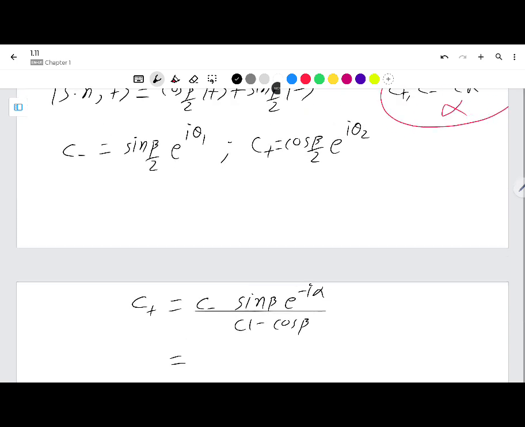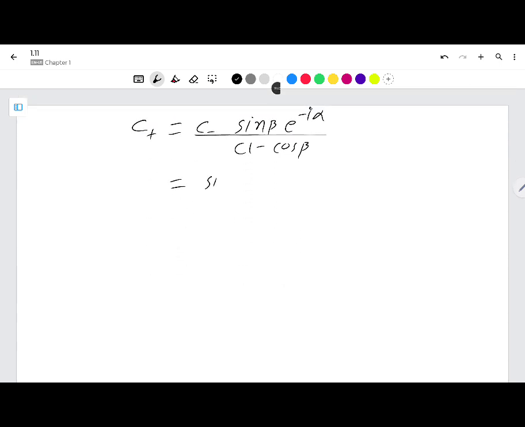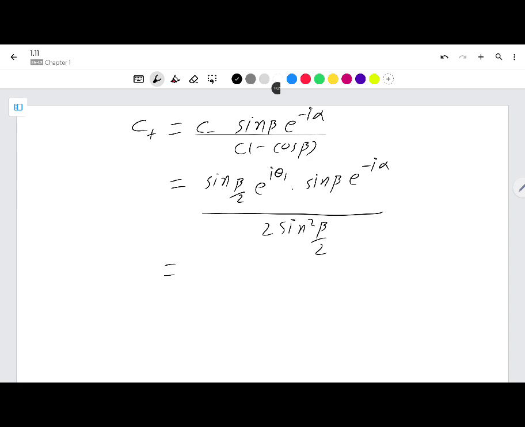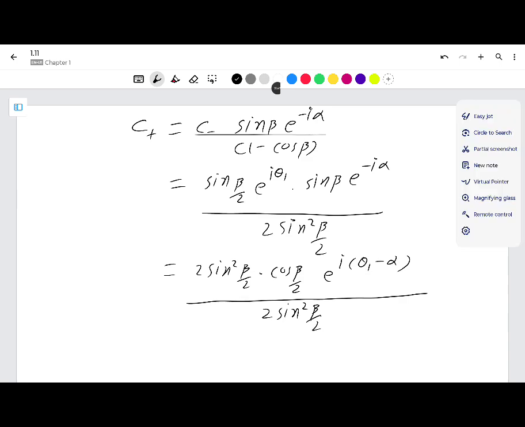So if I write C minus as sin beta by 2 e power I theta 1, and 1 minus cos beta is 2 sin square beta by 2, this will be, in the numerator, I have expanded this part: sin beta is 2 sin beta by 2 cos beta by 2.